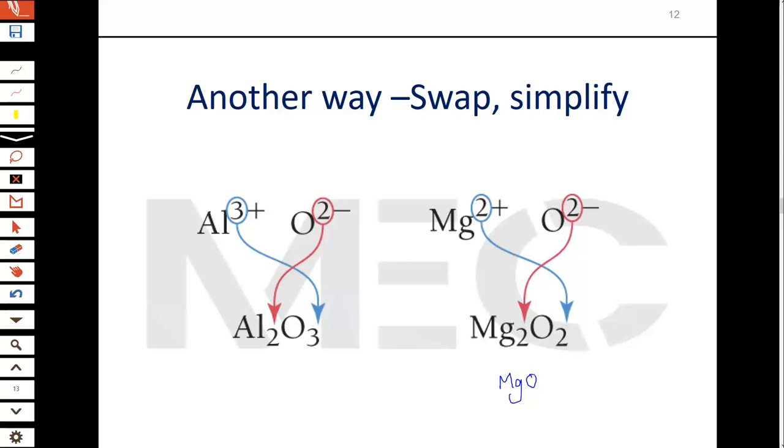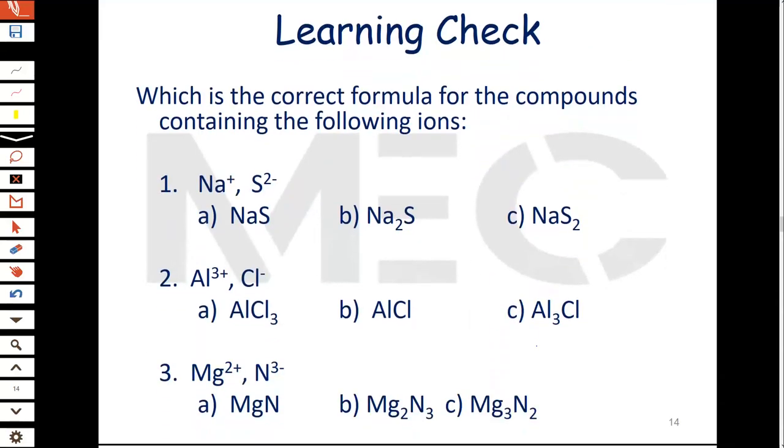This is just a formula unit for a lattice of ions. So it's better to write MgO, which means 1 Mg and 1 oxygen. The ratio of number of magnesium to oxygen is 1 to 1. That's it.